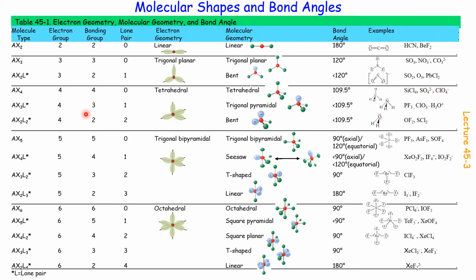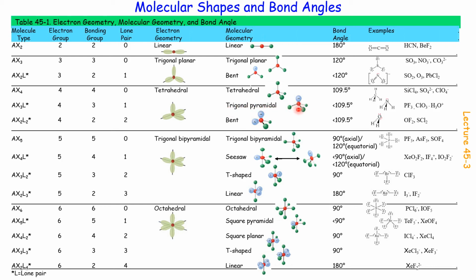The second type of the molecule here is 3 surrounding atoms and 1 lone pair. So therefore, 3 bonding electron groups and 1 non-bonding electron group. The electron geometry is still tetrahedral, but the molecular geometry is trigonal pyramidal.